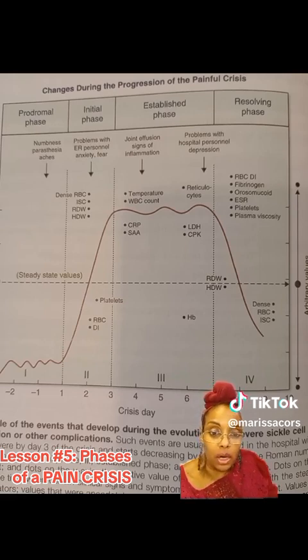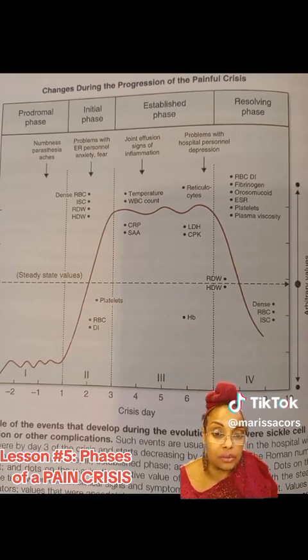So to have a chart that openly acknowledges that between days 3 and 7, with the patient capping out at 10 on the pain chart, they're falling into depression and having problems with the hospital personnel, it just really shows you how far we have to go for patient care.